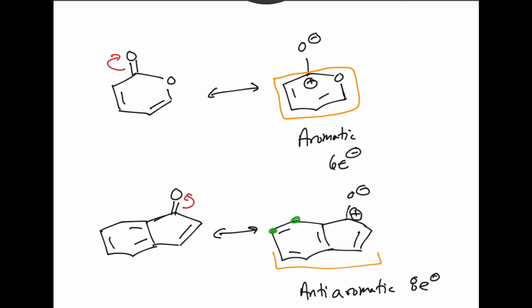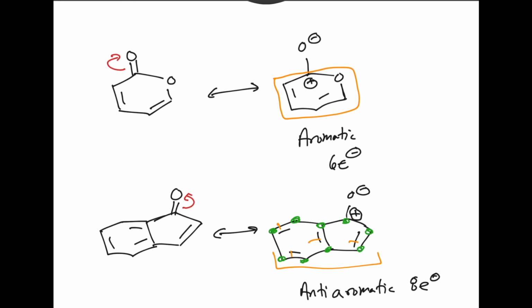All right, so right there are all of our p orbitals, and then we have 2, 4, 6, 8 electrons. So what usually will happen is if drawing that resonance structure will lead to your compound being anti-aromatic, the molecule goes, no, I'm never going to make that resonance structure.